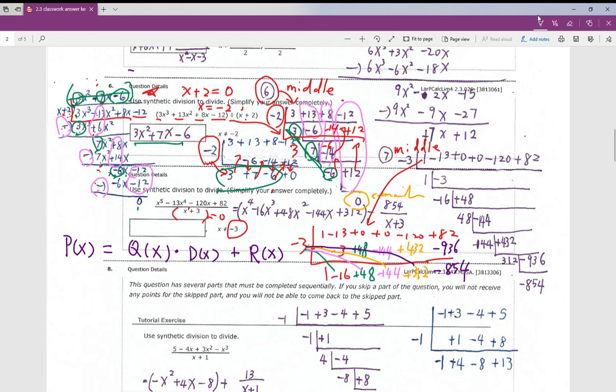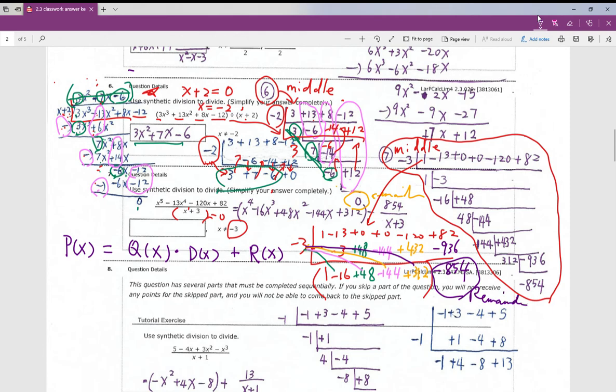Okay, so where do I copy all the numbers from? From this. This is similar to the long division. And then we just make the long division simplified. So where is your quotient? The quotient will be up to here. And this is the divisor. Sorry, this is the remainder.